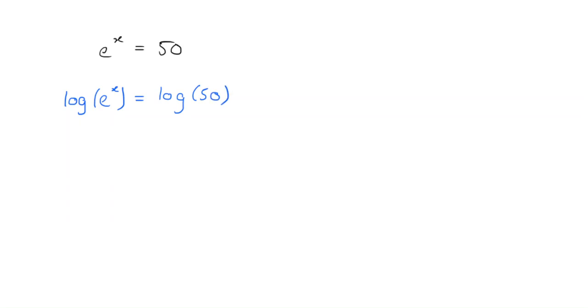And you remember from the logarithm rules that the power x can be brought down to the front. In case you've forgotten, log of a to the power of p is equal to p times log a. One of our logarithm rules.